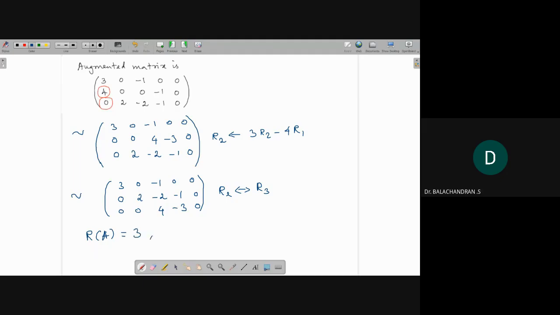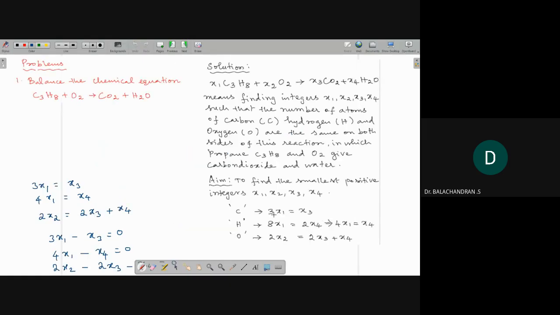And what about rank of A comma B? That is also 3. Yes. Okay. Correct. But the number of unknowns is what? The unknowns are x1, x2, x3, x4.